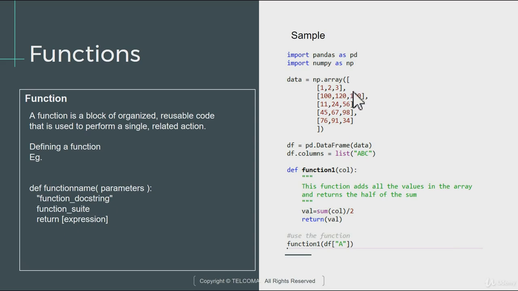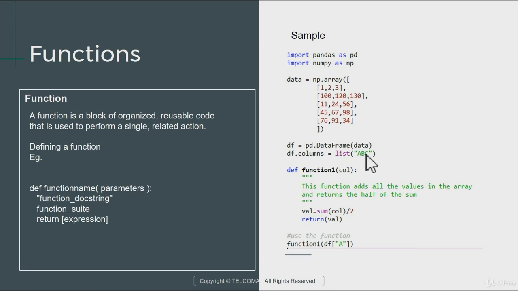Now, I have showcased a simple example over here. This is something generic for most languages, but I would like to take it to a different level. Let's take a look at this existing example and then we'll move ahead. What I'm doing over here is creating a NumPy array of the size 5 rows and 3 columns. That NumPy array is transformed into a data frame which will have the same shape, 5 rows and 3 columns. Then I'm assigning the names to the columns as ABC.